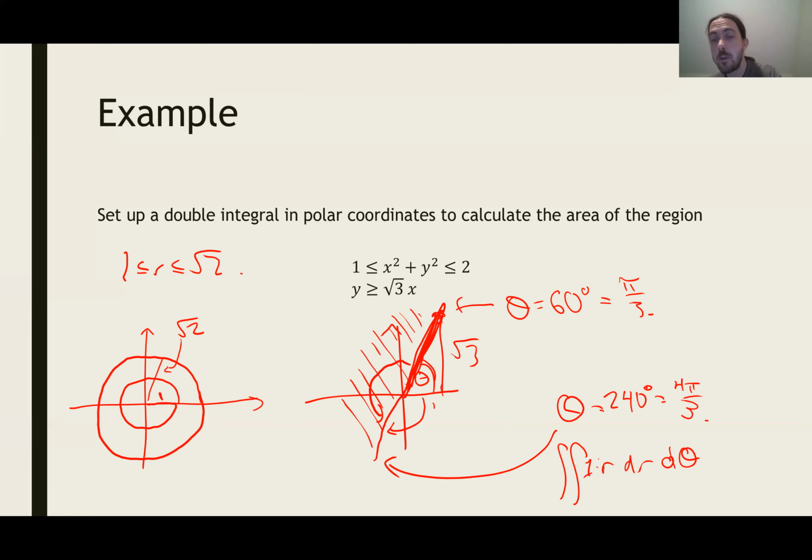And then we're integrating r from 1 to square root 2, and theta from pi over 3 to 4 pi over 3. So knowing the geometry here and expressing things in terms of angles makes our life a little bit easier, because if we just substitute in x is r cos theta and y is r sine theta, we could figure it out, but it would take a little bit more work.